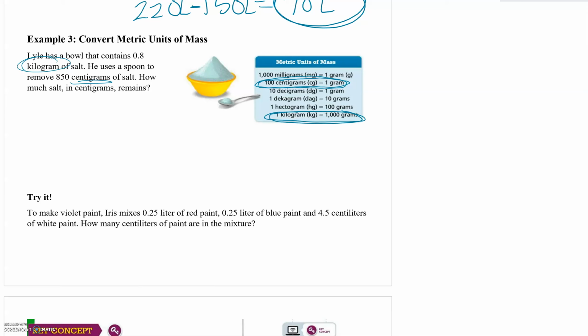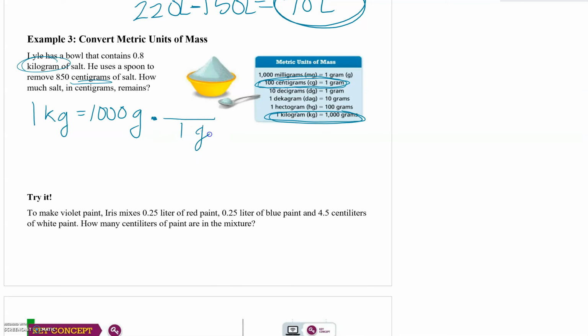There's a couple of things that we can do. So I can look at my 1 kilogram is equal to 1,000 grams. But I can also look at my centigrams here and make a conversion factor of that.